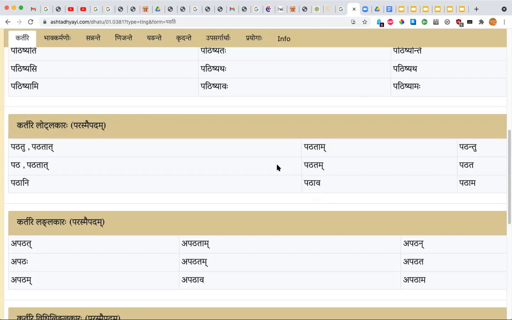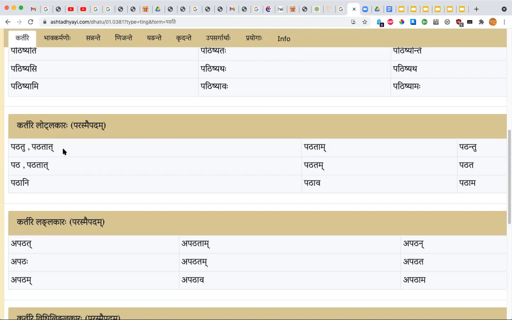And Madhyama Purushe: Tvam Pata, Yuvam Patatam, Yuyam Patata. You read, you both read, you all read. May you read, or please read. May you both read and may you all read.